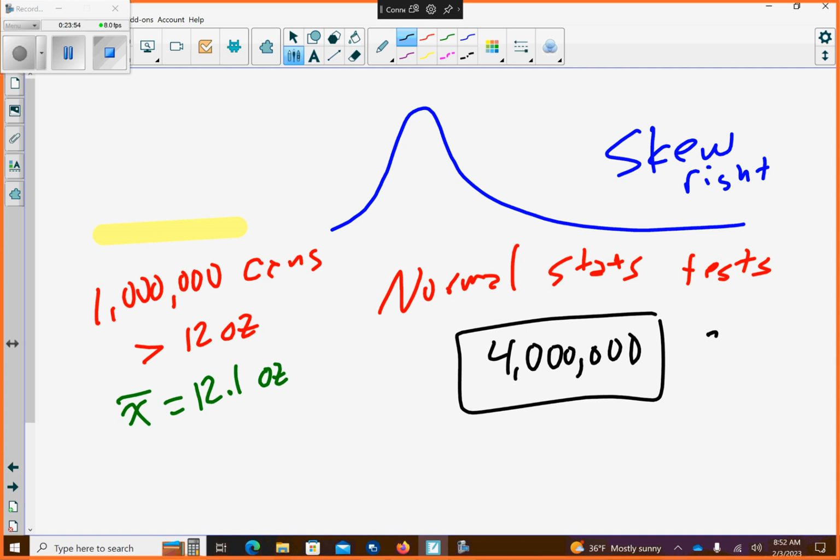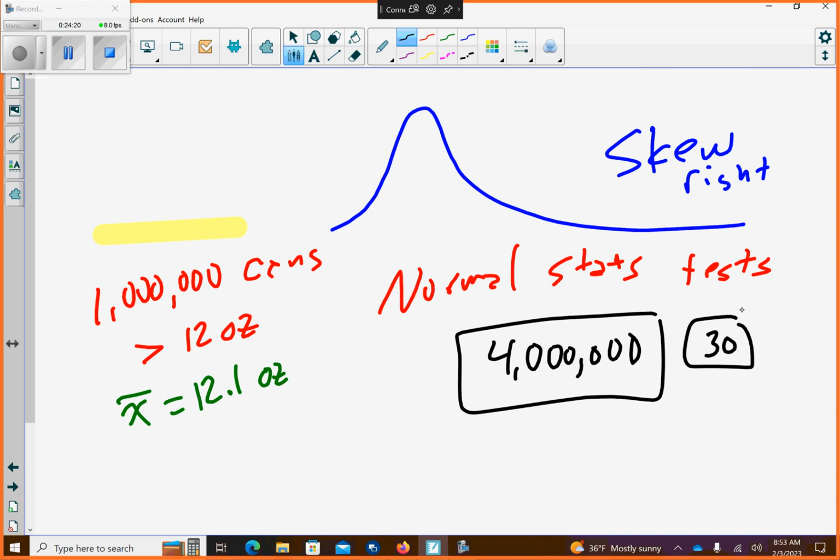So Coca-Cola says, okay, we're going to get 30 random cans of Coca-Cola. We're going to take those 30 cans over to our laboratory, where those guys know how to read a beaker, and we're going to pour each can of Coca-Cola into a beaker, and they're going to tell us what we have.